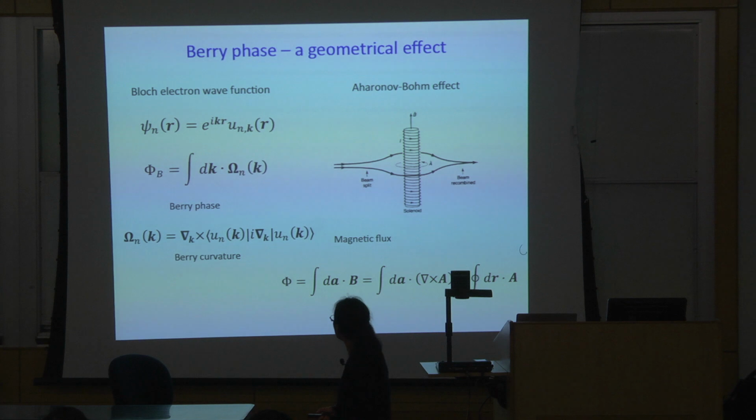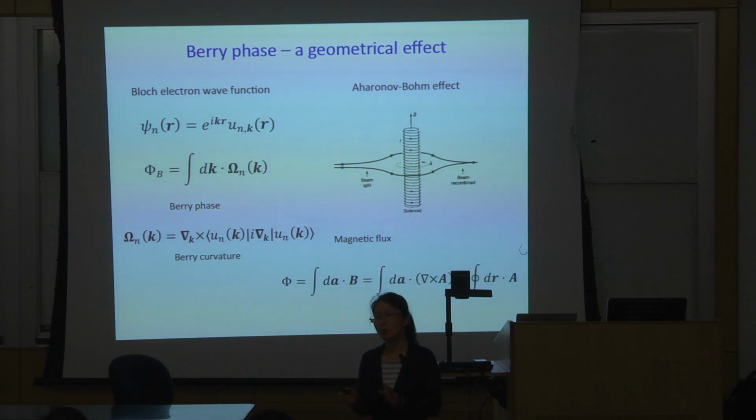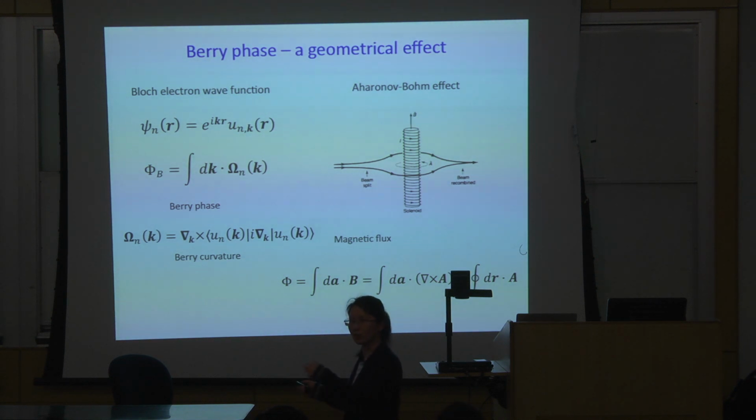So I can make an analogy in momentum space. This is real space, and this is momentum space. Let me describe my Bloch electron in a solid as a plane wave function times a periodic part. If I move slowly, varying my wave function along k in momentum space, and go through one Brillouin zone, I sort of make a circle.